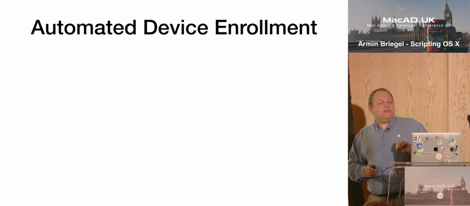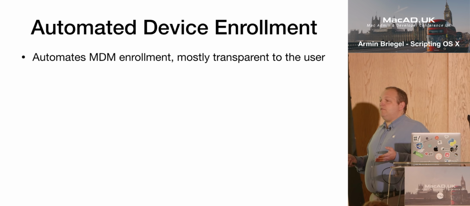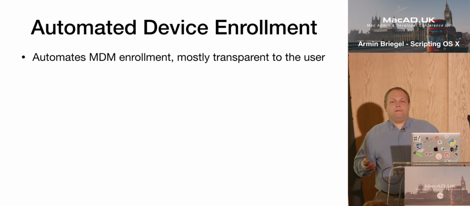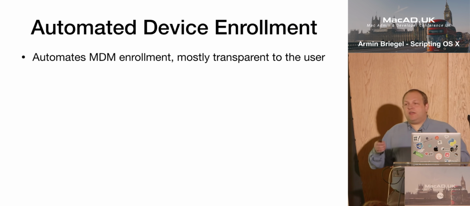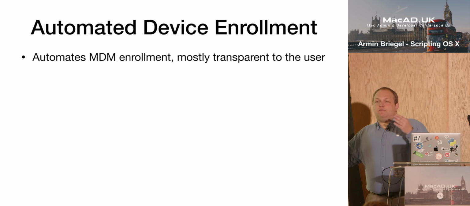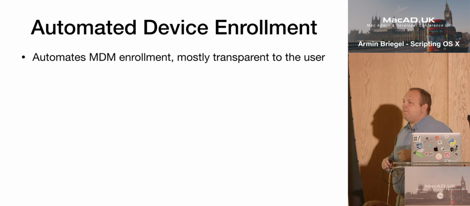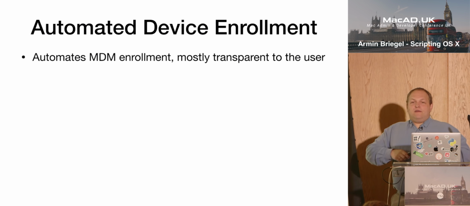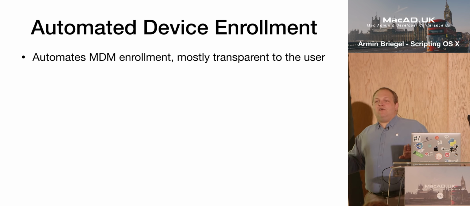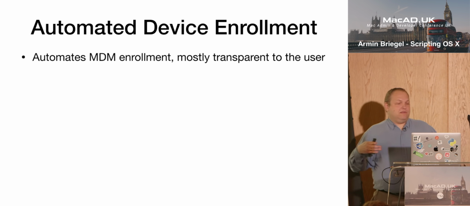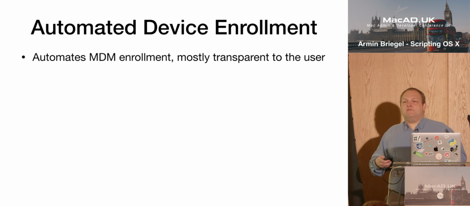Automated device enrollment is mostly transparent to the user. That's a really cool thing. There's a lot of work to get it going. The devices have to be enrolled from the vendor in your account, and then you have to assign them in Apple Business Manager to your MDM. As everything that looks magic and automated, there's a lot of work in the background. But it's mostly transparent to the user.